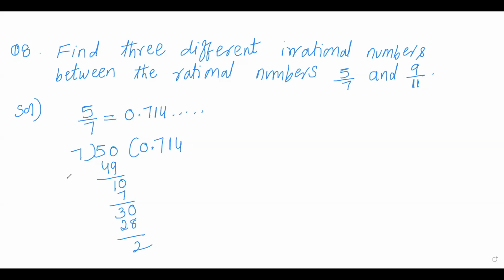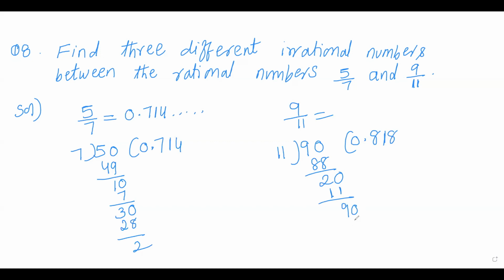Okay. Now take 9 by 11, get the decimal form of 9 by 11, divide with 11, put a point, 11 8s are 88, 11 1s are 11, 11 8s are 88, so on.